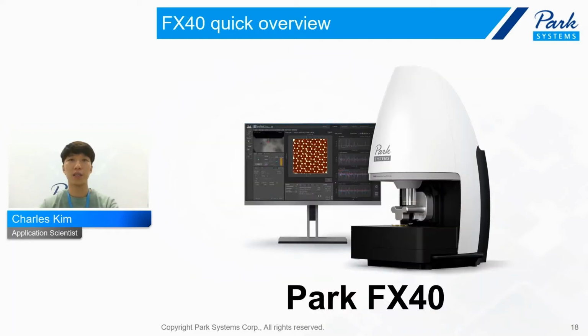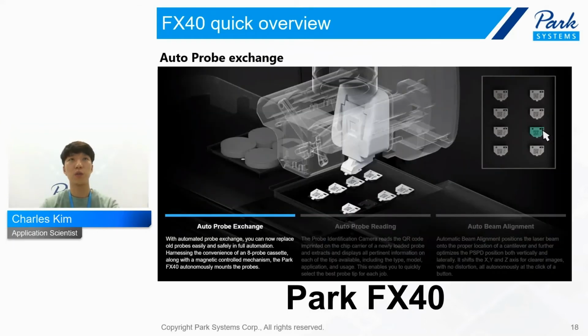So the last part of this presentation is a quick overview of the FX40. The FX40 is a very new AFM, and it is focused on automation. The first automation is Autoprobe exchange. For an AFM beginner, tip exchange is very challenging.